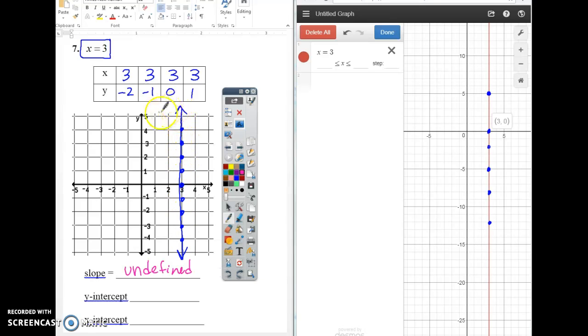This blue line never crosses the y-axis, so none. And then the x-axis, where does it cross the x-axis? Right, it's at 3. Okay, so all of that is what you will do for the other 5 problems.